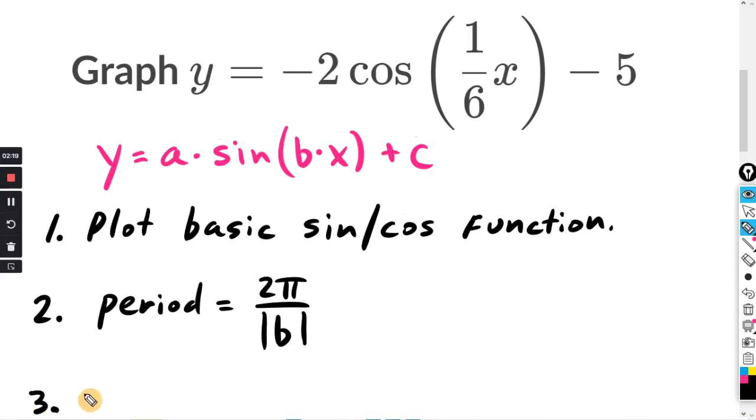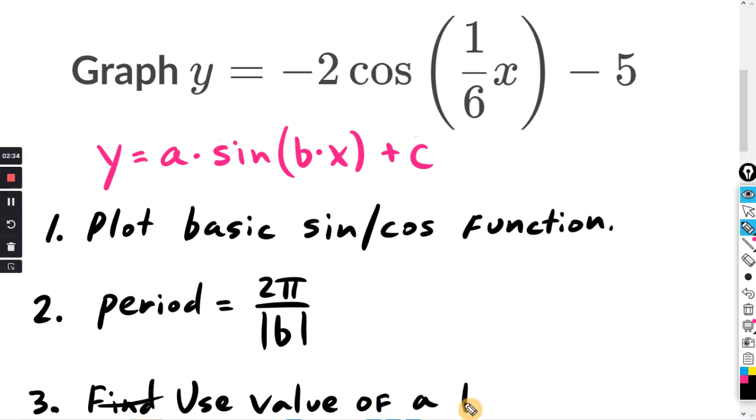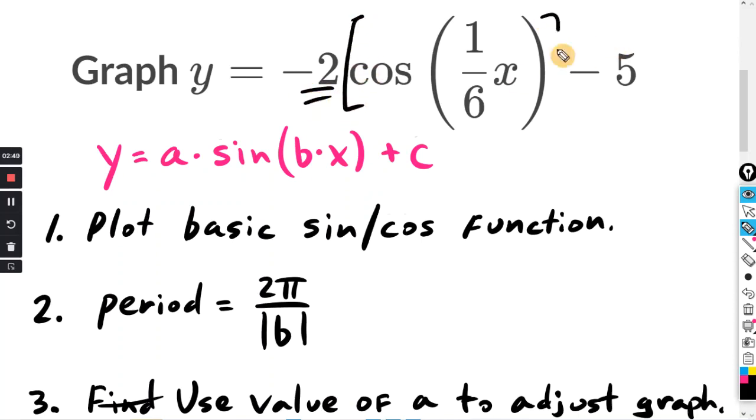Step three, we're going to use the value of a to adjust the graph. The value for a would be the number that's multiplied by the function.